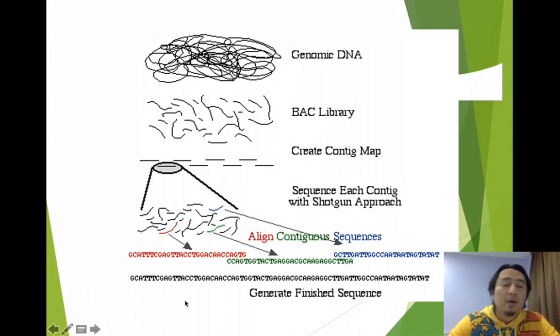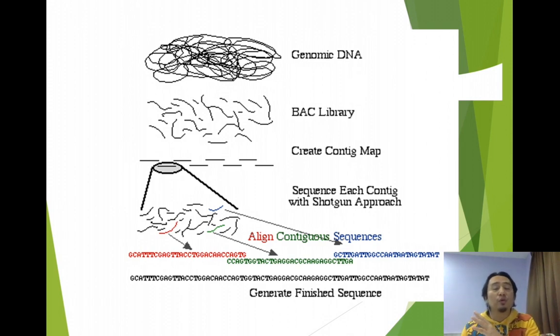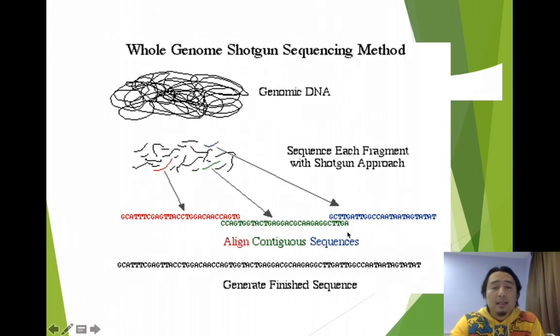Then we can generate the full sequence of the DNA lah. So tak kisahlah DNA itu panjang mana pun, kita still boleh buat sebab apa, kita potong using a enzyme. Okay, this is BAC-to-BAC method. And the next method is the whole genome shotgun sequence method, WGS.